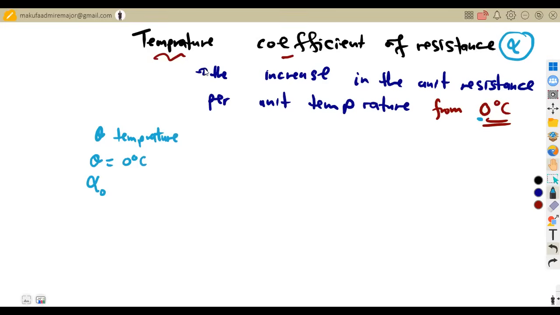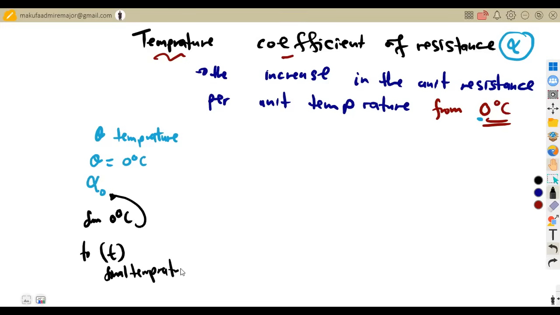Having 0 degrees, we can even calculate the resistance after a change in temperature, after the temperature is increased. Let's say our temperature is increased from 0 degrees Celsius to T, which is the final temperature for that consideration.